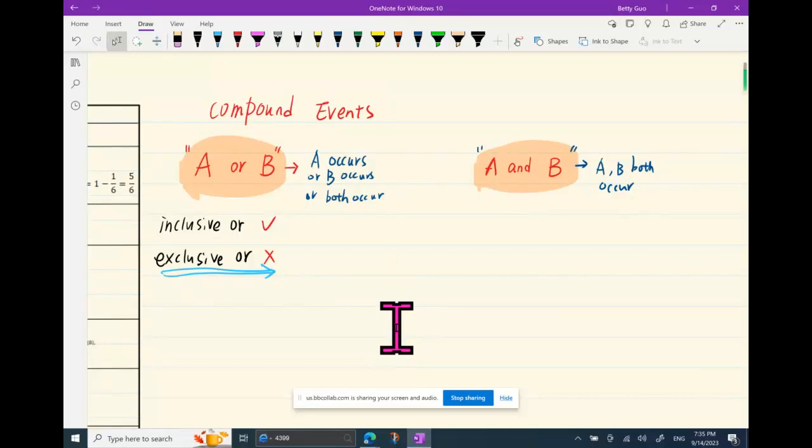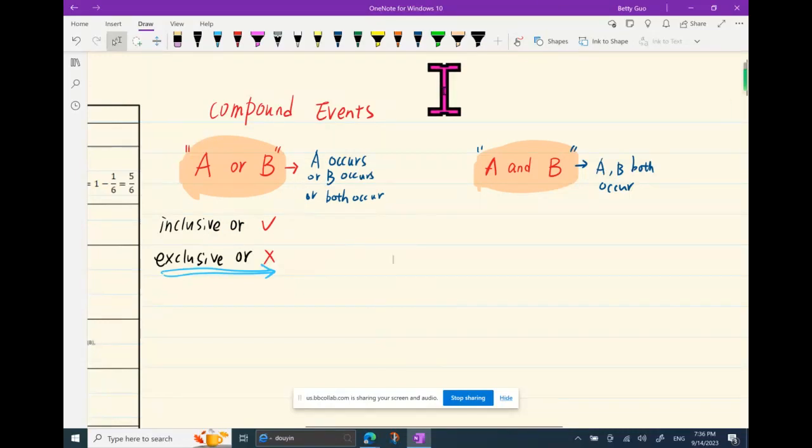But in probability and statistics, or is inclusive or. Inclusive or means A or B: only A occurs, or only B occurs, or both occur. It's possible for them to happen at the same time. That's how we understand the logic connective OR connecting events A or B.